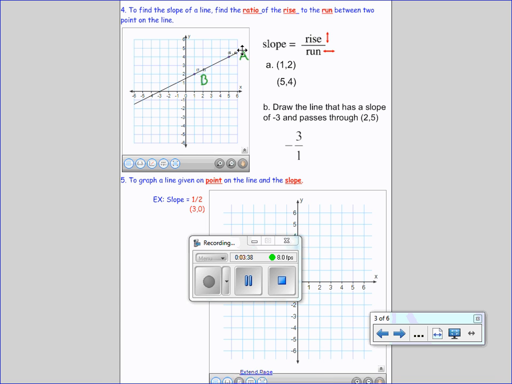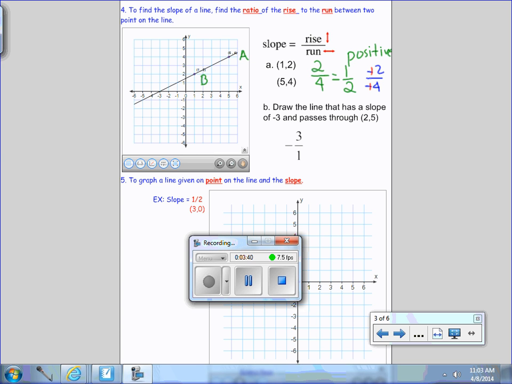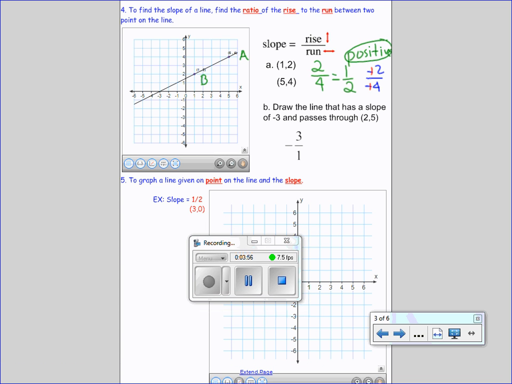Okay, in the green, we started with B and we went up 1, 2, that is our rise, and then we ran a +4, 1, 2, 3, 4. So we had 2 over 4, and we simplified that to 1/2 and noted that it was a positive slope. But another way that you could determine it is start with A. So we ran 1, 2, 3, 4, a -4.